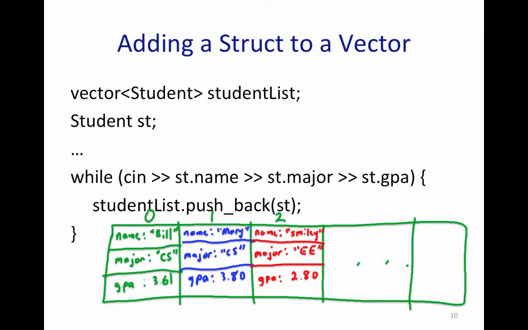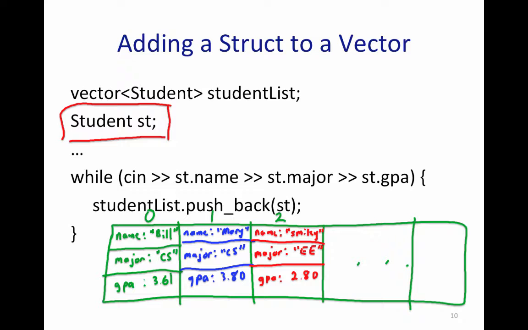So we need a way to add students to our vector. This way that I've shown you here is the first way. I declare a second variable which is capable of holding a student record.